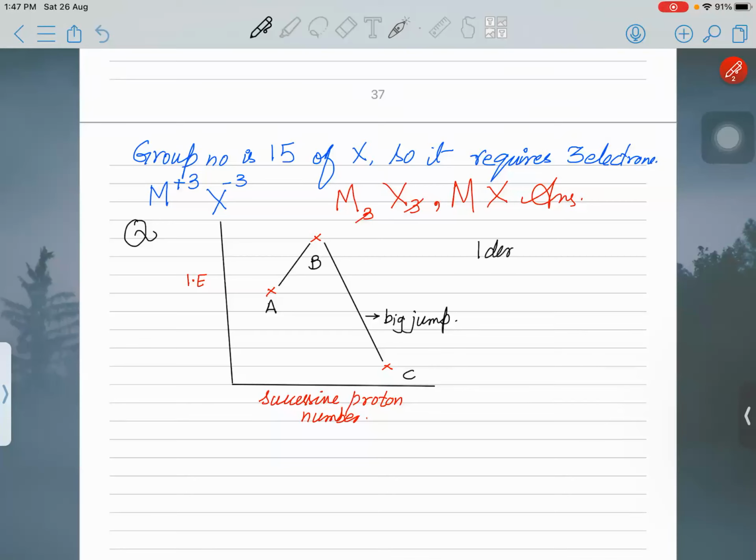Identify A, B, and C. Group number, group number.